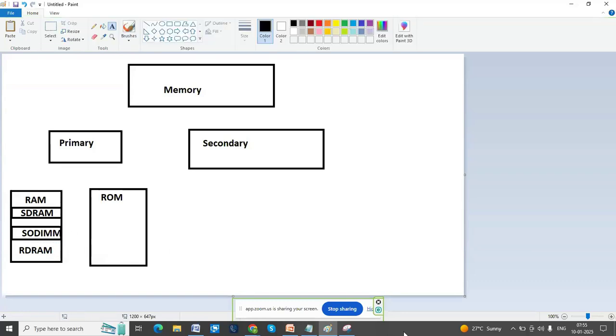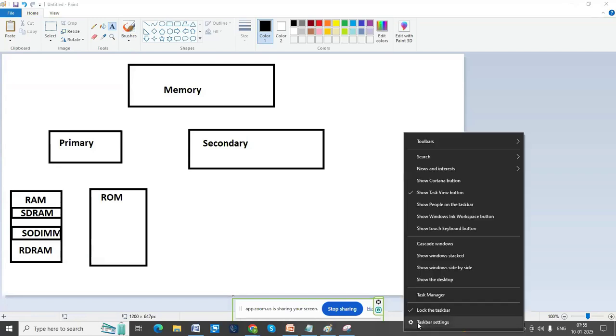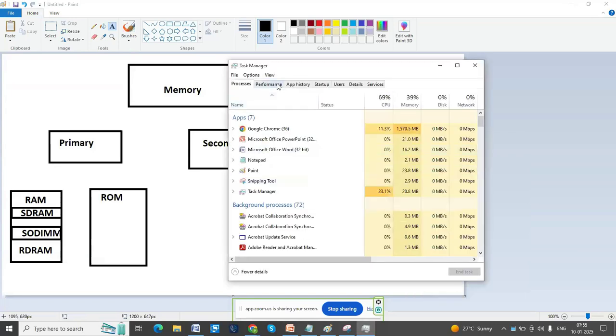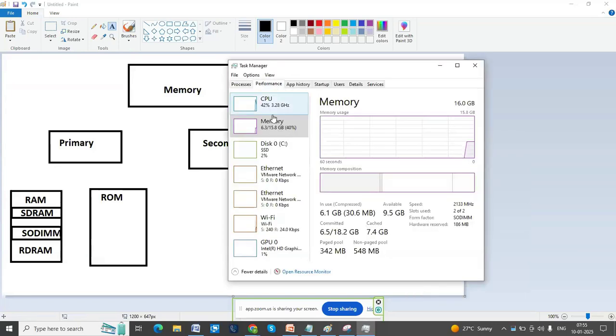Are you able to see my screen? Yes, sir. Right click on the task manager. Coming to performance, I clicked on memory. Do you find this form factor?